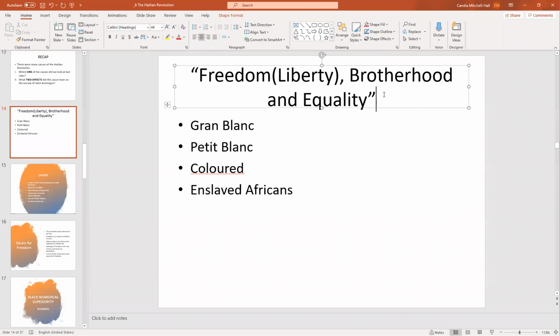Oh, my bad, I didn't hear you clearly. Sorry about that. So freedom and liberty are the same. Brotherhood is fraternity, right? So these are three ideas from the French Revolution that are going to impact the colony of Saint-Domingue, and each of the groups.